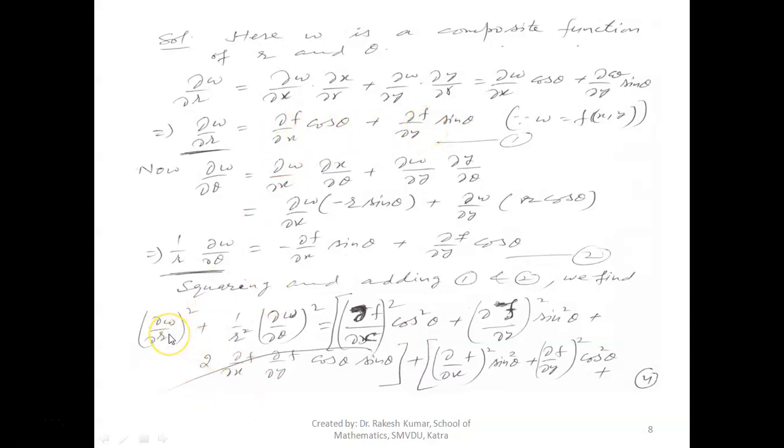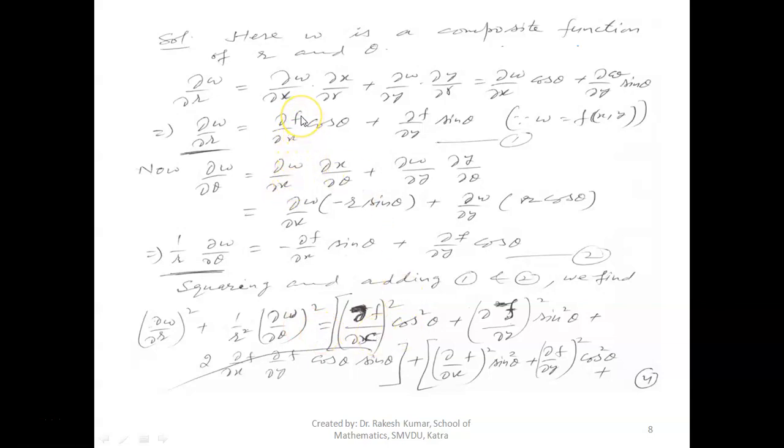So del r of w whole square plus 1 upon r square del theta of w whole square, this is the left hand side, and in the right hand side I am taking things from here.